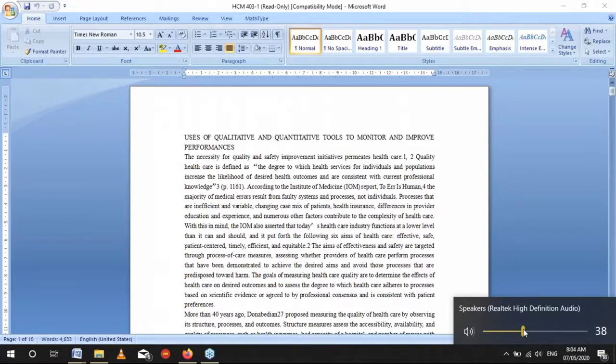That is one of the methods used in monitoring and managing process variation.